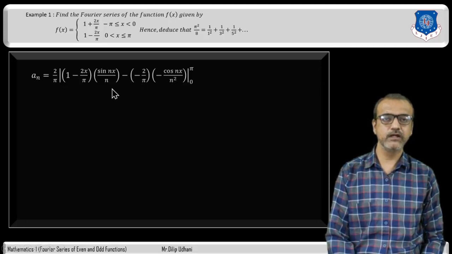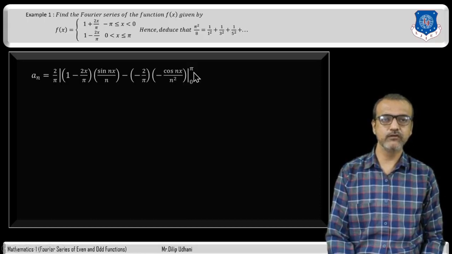Then we will integrate cos nx, and integration of cos nx is sin nx upon n. Now again we will integrate this function, and integration of sin nx is minus cos nx by n, but already we have n over here, so it will become n square, and we will keep alternate signs, plus and minus, and this is the limit, from 0 to pi.